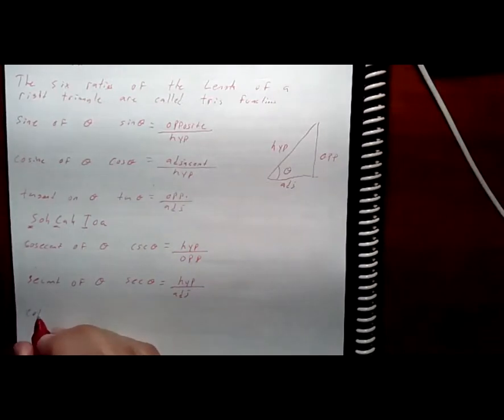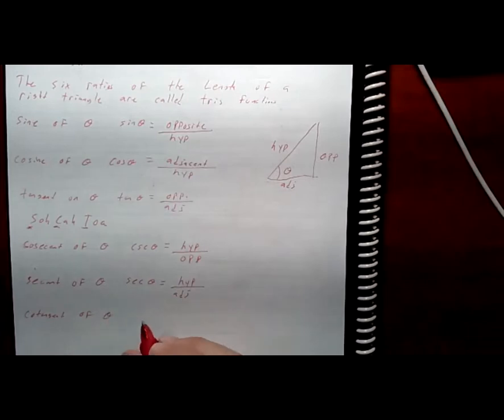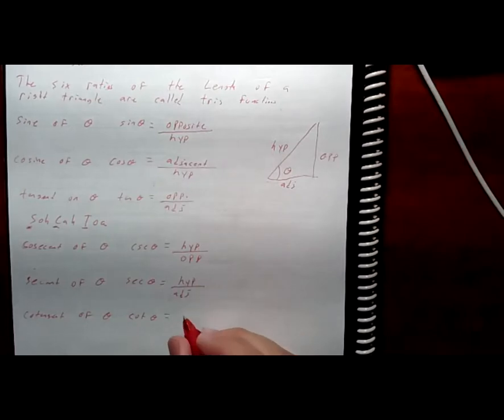Cotangent of theta is written as just COT theta. That will be the reciprocal of tangent, which is adjacent over opposite. It's all based on the triangle.